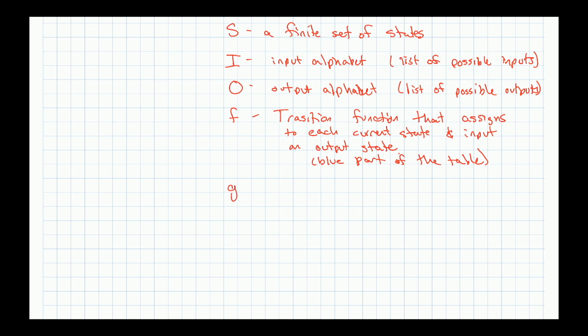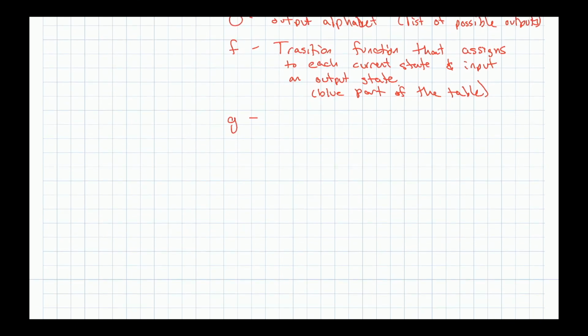And then you have G. G is going to be exactly the same thing, but it's, what do they call it? Output function. Okay, that makes sense. Output function that assigns each current state and input again, right?